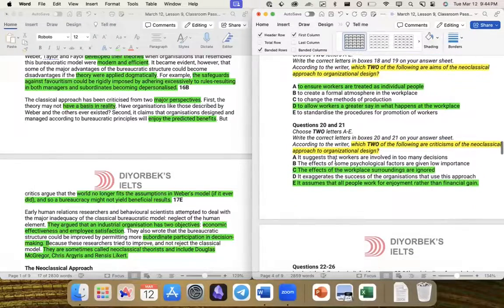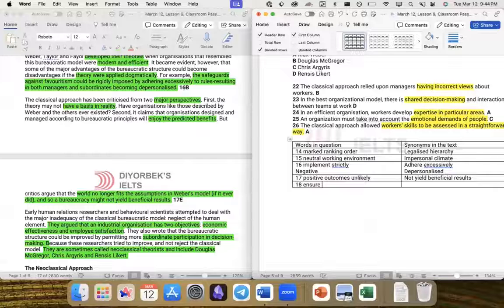18. Ensure workers are treated as individuals. Now we need to find that. Let's find that part.